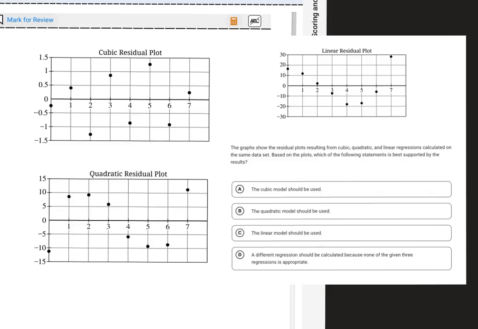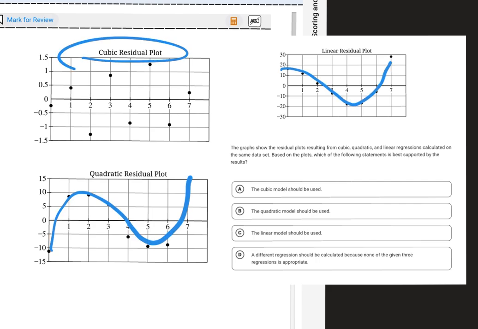Which one is not in a pattern of a shape, basically? The cubic one, right? This one goes up and comes back down like a quartic. This one goes down and up. This could almost be like a sinusoidal graph. The other one is scattered dots, and that's the one that would be used. So that's one way you could see the regression model talking about the actual pattern.